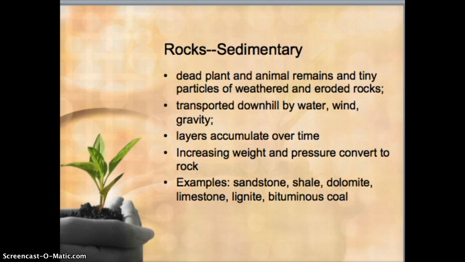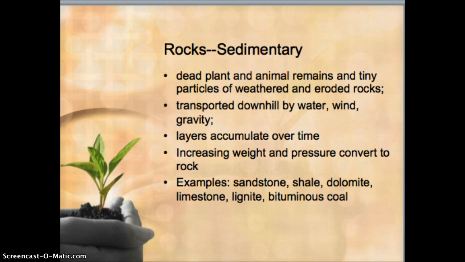Take you back to middle school days or maybe elementary school and review what are the various types of rock. Of course, sedimentary, igneous, and metamorphic are the three types. Sedimentary is probably our primary type of rock we have in western Pennsylvania. It is made up of dead plant and animal remains, and they get transported downhill by either water, wind, and gravity.